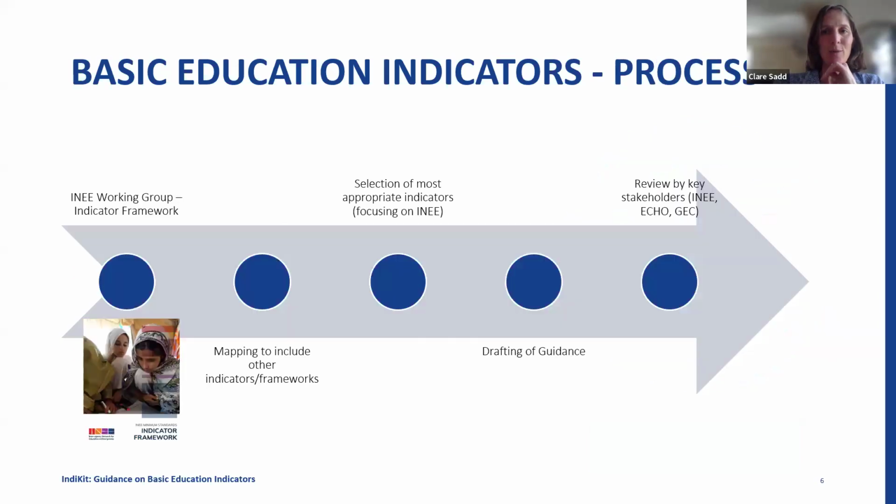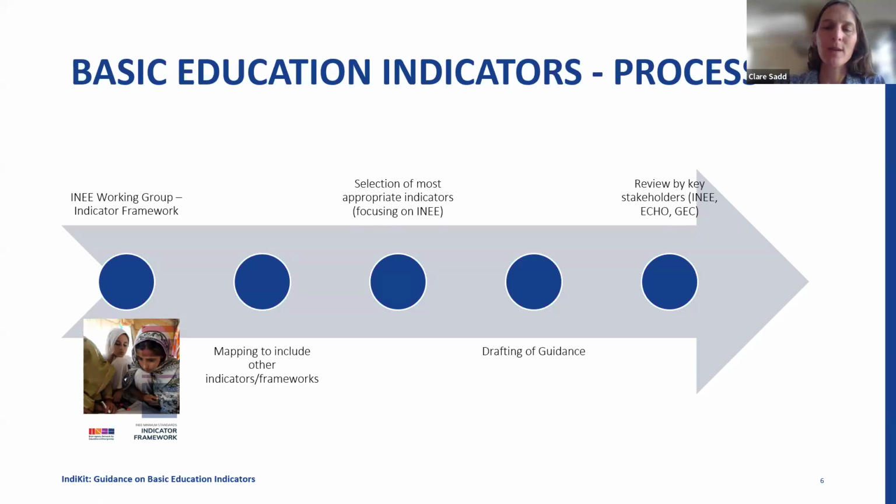So I'll just talk through briefly the process that we've gone through for developing these education indicators. This piece of work started back in around 2018, 2019, when INE had a specific working group on monitoring and evaluation. And People in Need were part of that working group. And one of the key deliverables that working group had was to develop the INE minimum standards indicator framework.